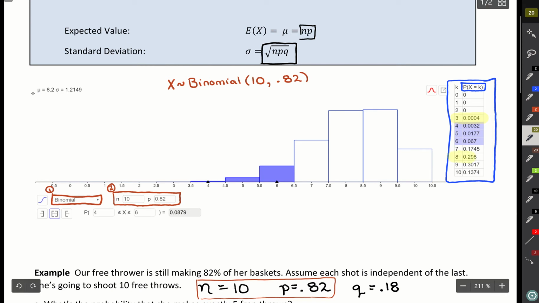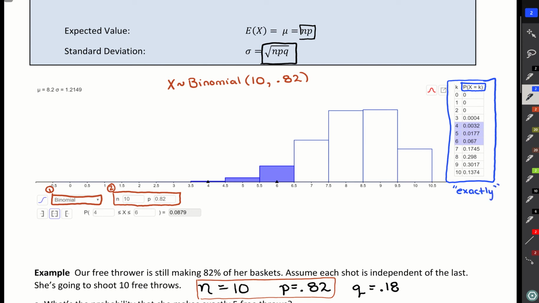There's a 29.8% chance she makes exactly 8 baskets. So these probabilities on the right-hand side are for those cases where you're looking at exactly some number.